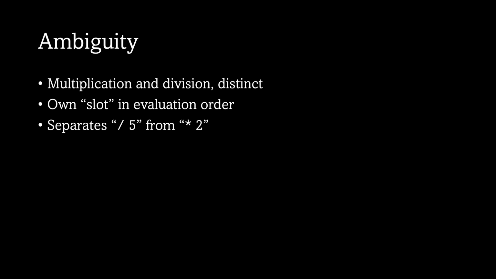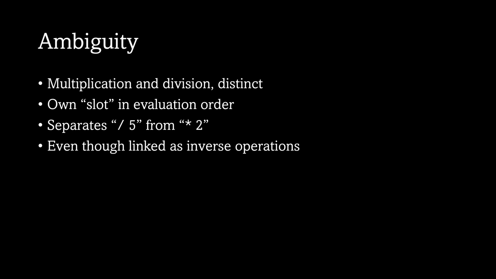This perspective separates the division of 5 from the multiplication of 2, even though multiplication and division are conceptually linked as inverse operations. However, even when one unifies these operations, where multiplication and division are evaluated simultaneously, many still insist that we must have a left-to-right evaluation rule in place to minimize ambiguity.